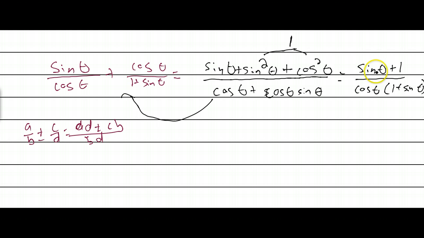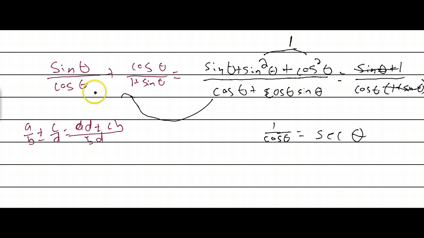Well, sine theta plus 1 and 1 plus sine theta are the same thing. So when you cross them out, you're going to be left with 1 over cosine theta. 1 over cosine theta is just secant theta. Okay? So that's it.